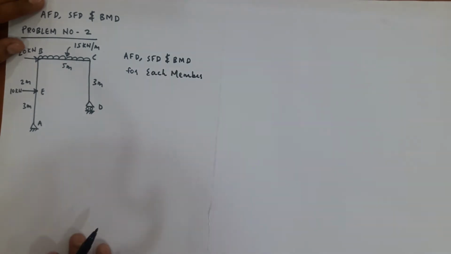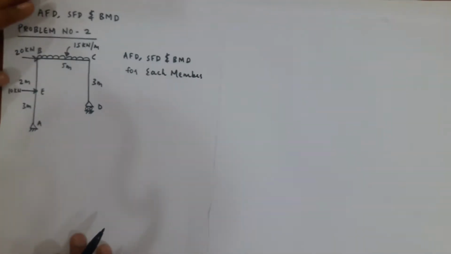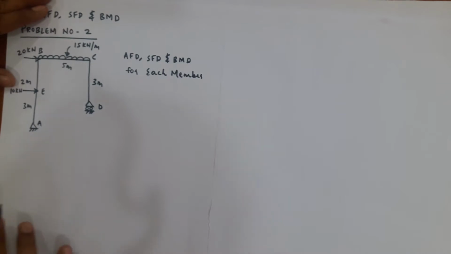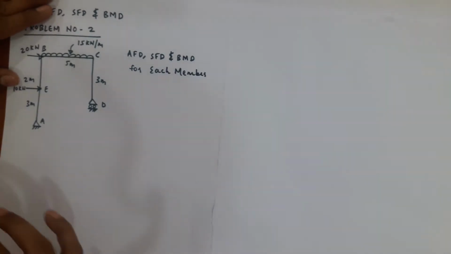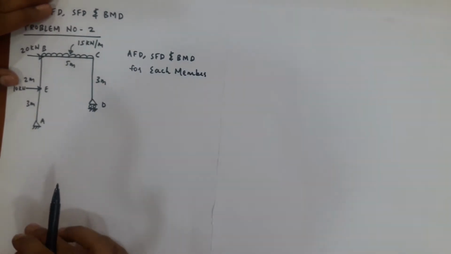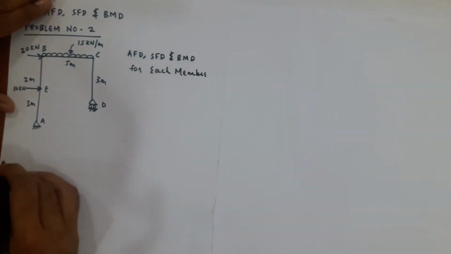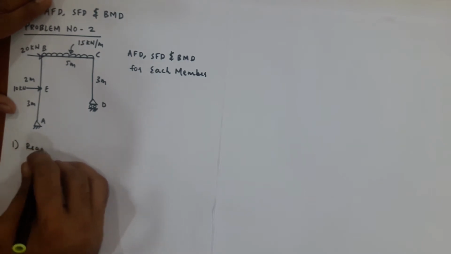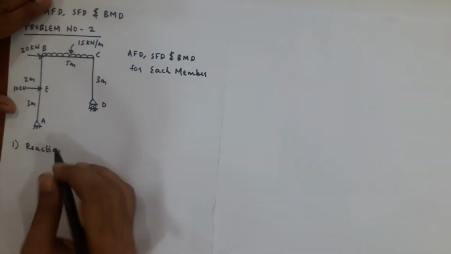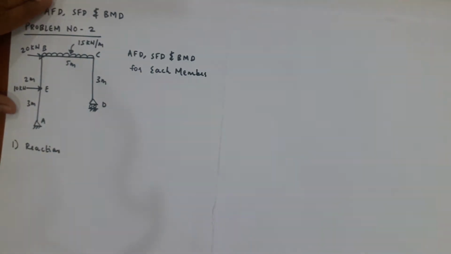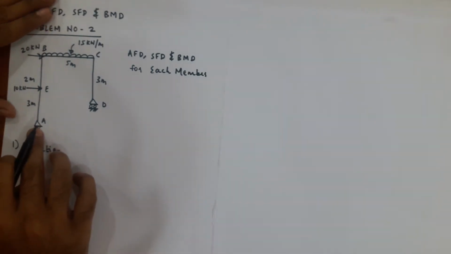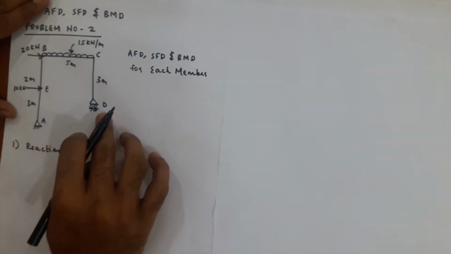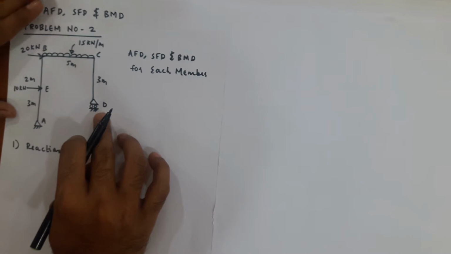So if you recall from the previous video, I have mentioned the steps. What are the different steps that we need to follow in order to analyze a statically determinate frame? The very first step we have is the reaction offered by the support. So here at point A you have hinge support, at point D you have roller support.